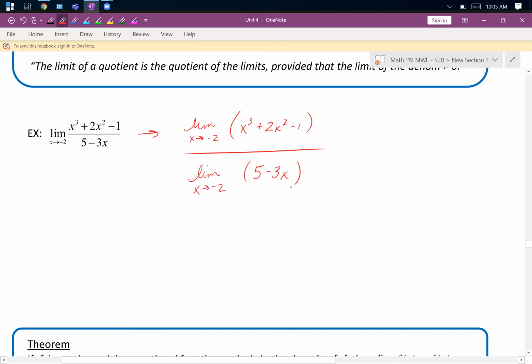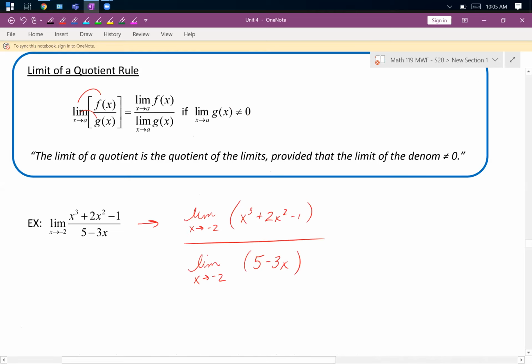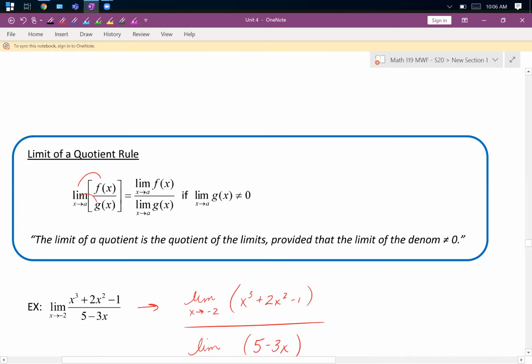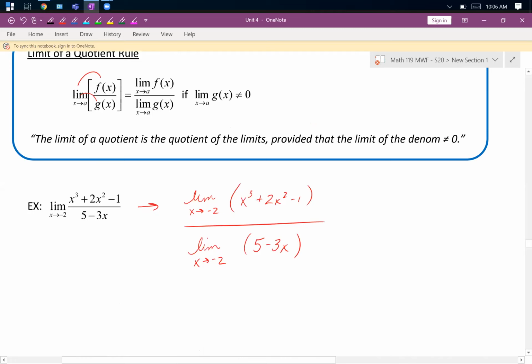And to find each one of these limits individually, we're just plugging it in, right? It's just an application of this limit of a monomial rule, because we got a bunch of monomials. I think we could take the time to rewrite it and distribute the limit to each one of these and then do each one individually, but that's a lot. So I'm going to plug in.